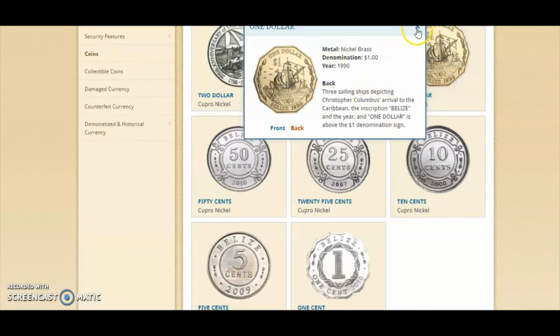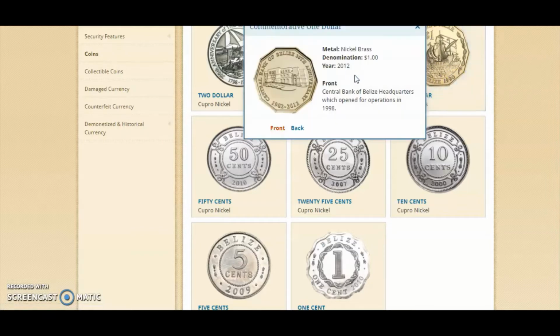Okay, so let's go ahead and look at a newer version of the dollar. This is also a Belize dollar, but this is the newer version of the dollar. This was made later on in 2012.